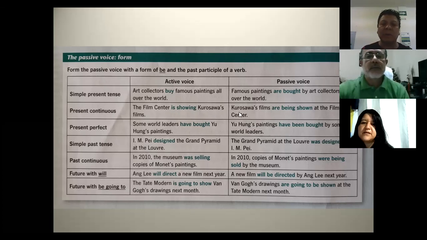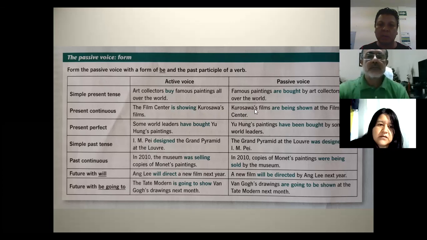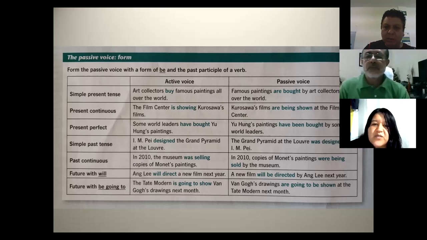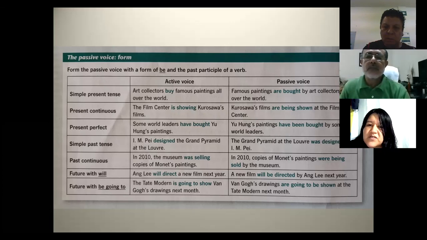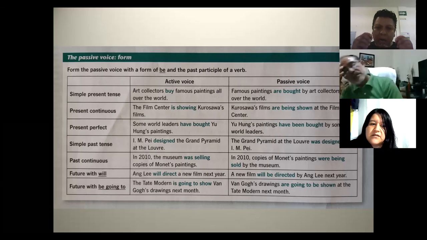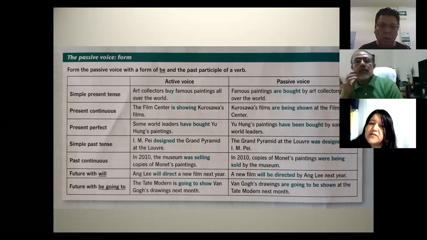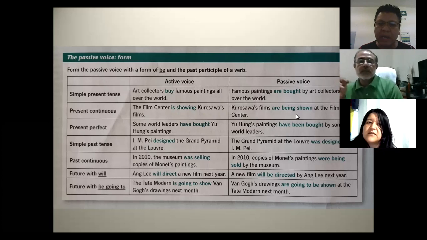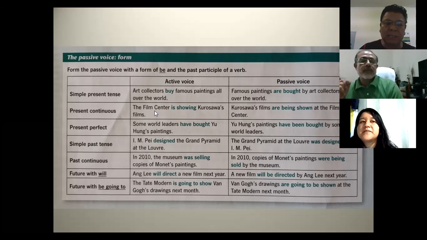Now we're going to start with Kurosawa's. Gloria, can you read this one? The passive or the present continuous? Kurosawa's films are being shown at the film center. Look at the active: the film center is showing Kurosawa's films.